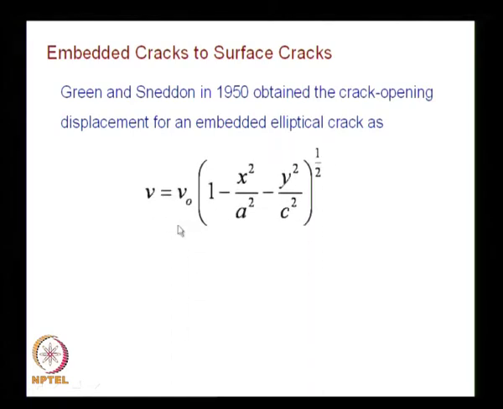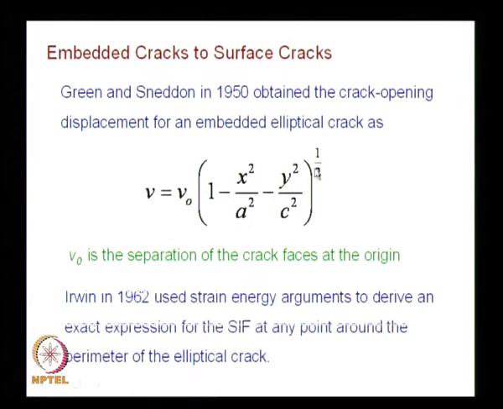They got this expression: V equals V naught multiplied by (1 minus x squared by a squared minus y squared by c squared) whole power half. Mind you, this was reported in 1950.